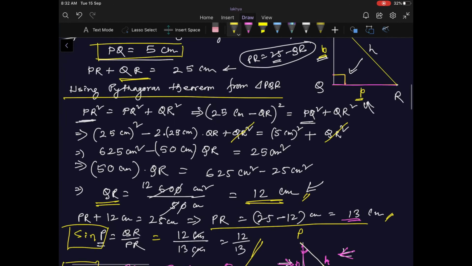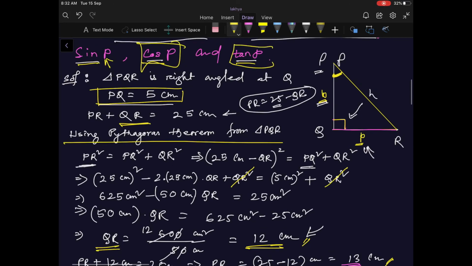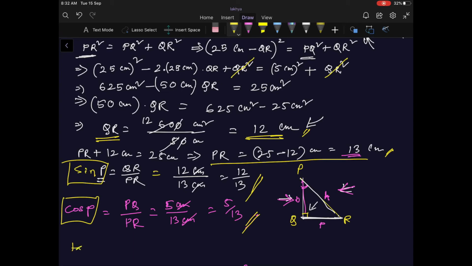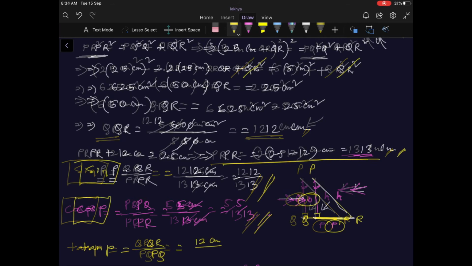Now let's find the next, that is tan P. How to find tan P? Tan P must be perpendicular by base. Here QR is the perpendicular and PQ is the base, so we must get QR by PQ.